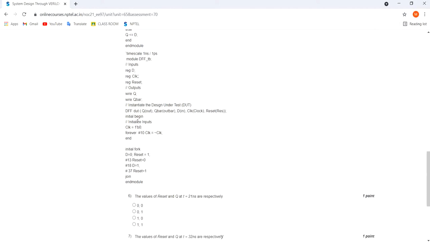Initial begin, here we initialize inputs. Initially the clock is 0. Forever #10 clock is equal to clock bar.